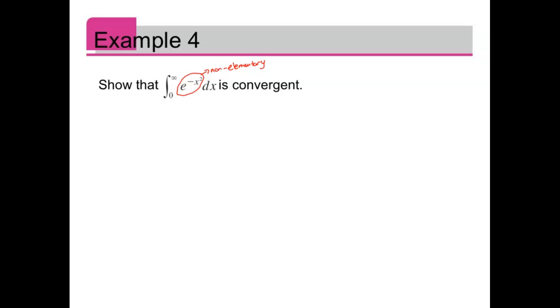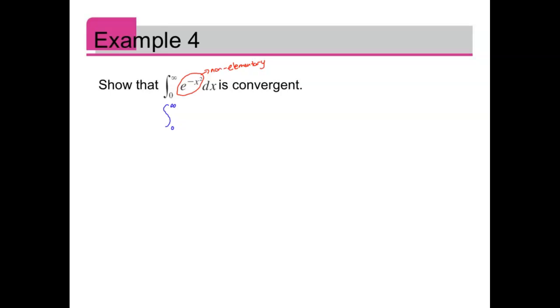All right. So we're trying to prove that it's convergent, which means we want to think of a function that's simpler than this integrand, but bigger for all values on the interval 0 to infinity.